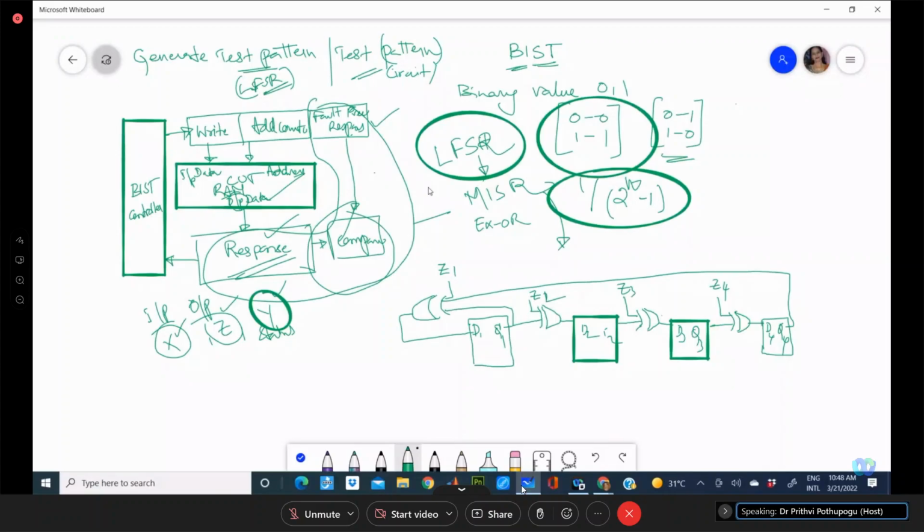So if this multiple input signature register setup is available on your system, you are giving the circuit a way to test its own response with the test patterns you are giving.